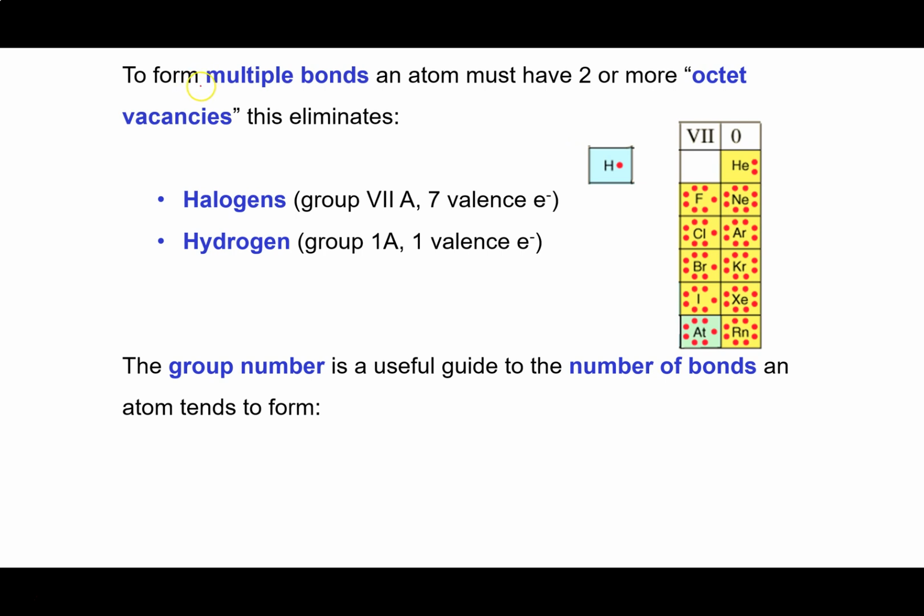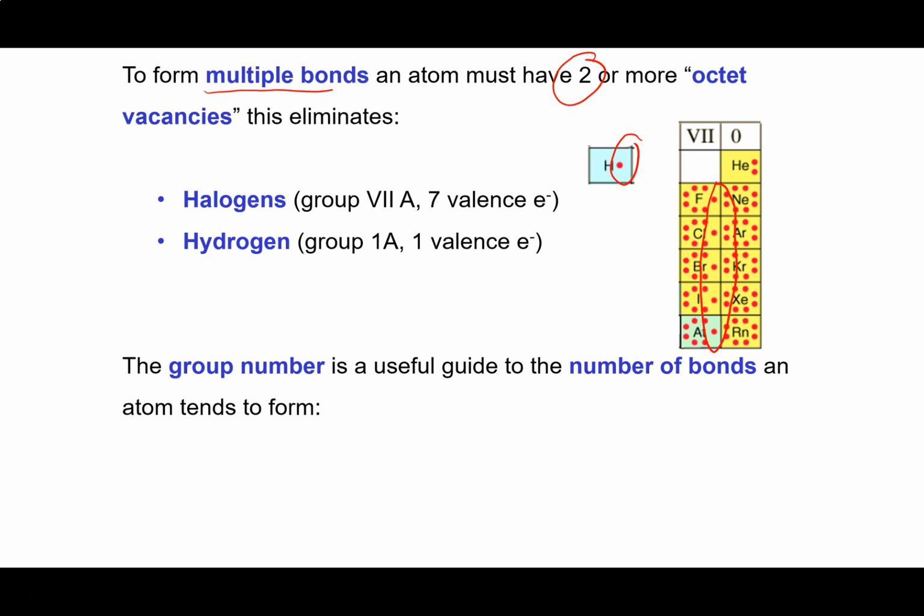The first thing to recognize is that if an atom is going to form a multiple bond, that is a triple bond or a double bond, then it has to have at the very least 2 octet vacancies. What that eliminates is that the group 7 elements with only 1 octet vacancy, and hydrogen with also only 1 octet vacancy, will never form a multiple bond.